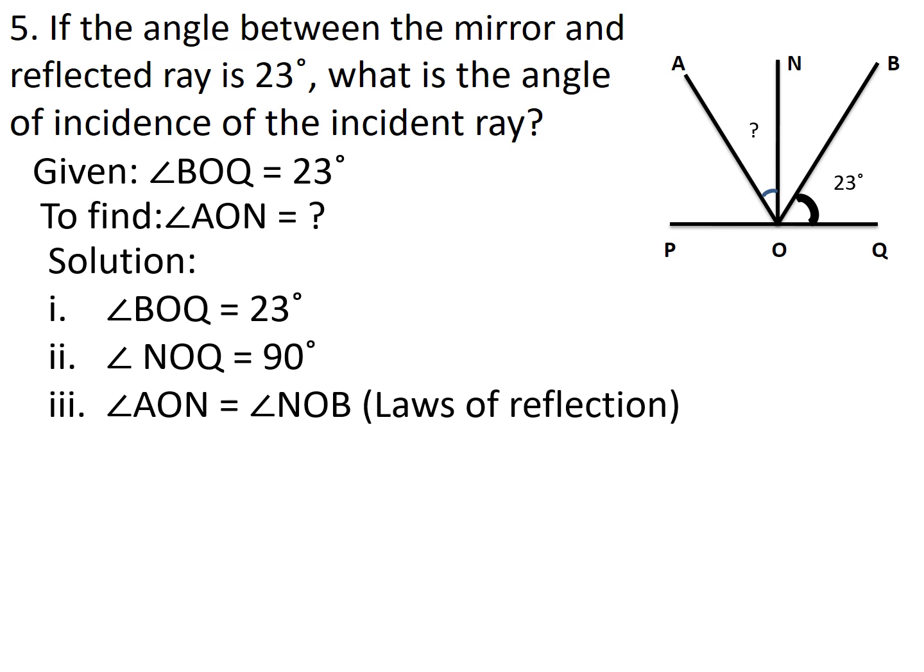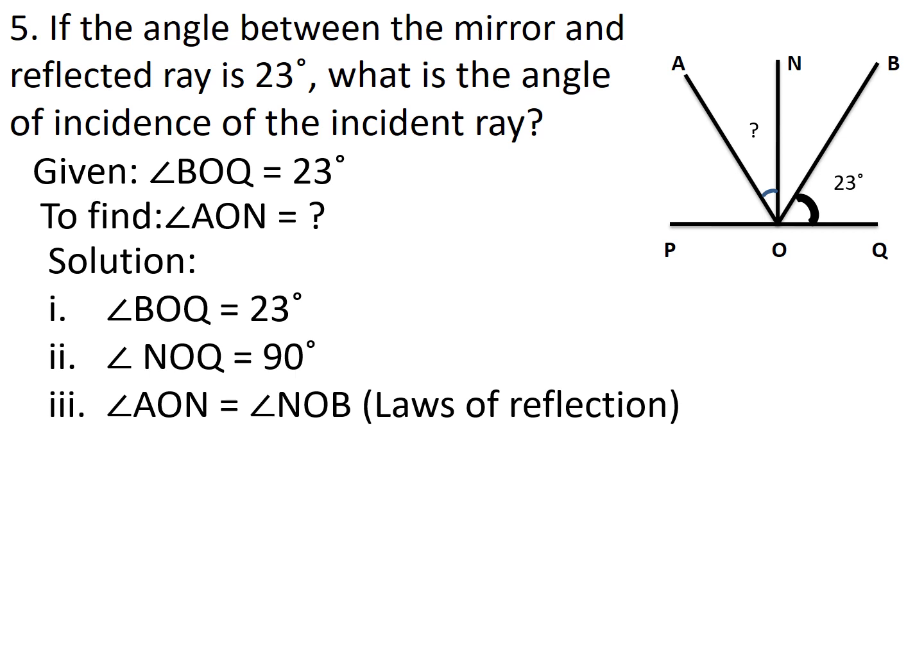Second, NOQ is 90. NOQ is nothing but the normal with the mirror. That entire region is 90. And third is AON is equal to NOB, that is, angle of incidence is equal to angle of reflection.